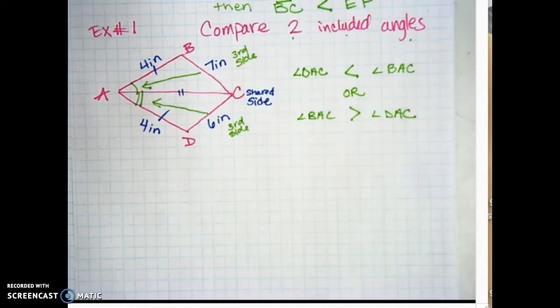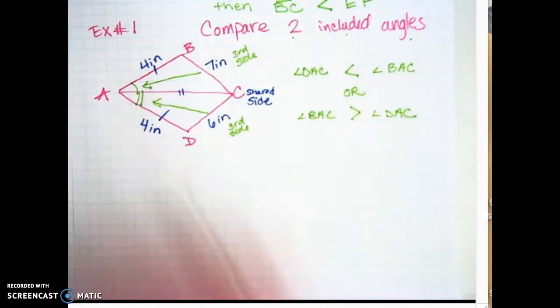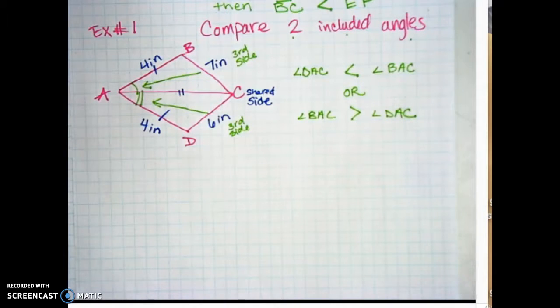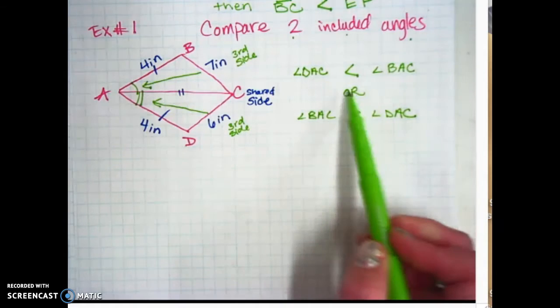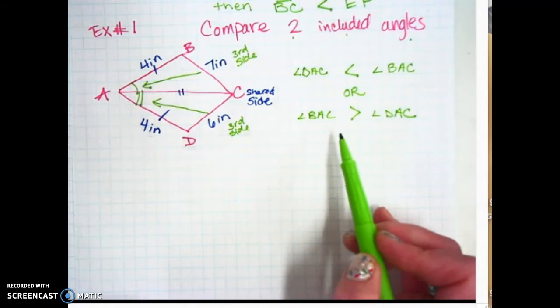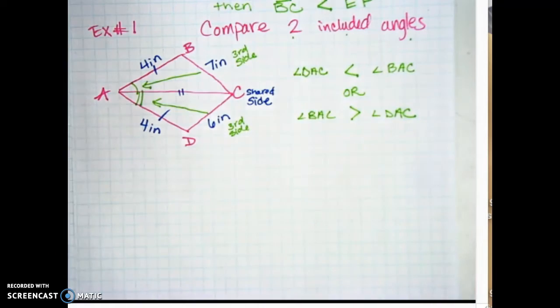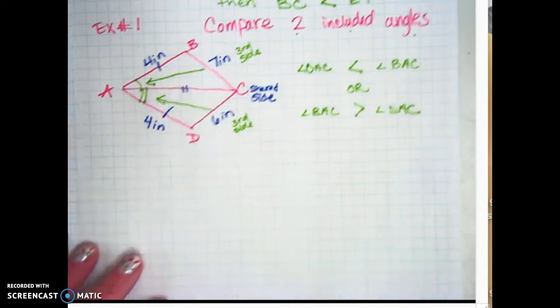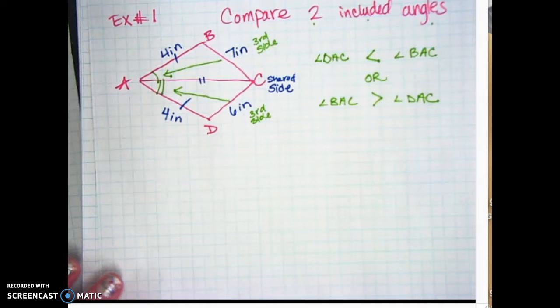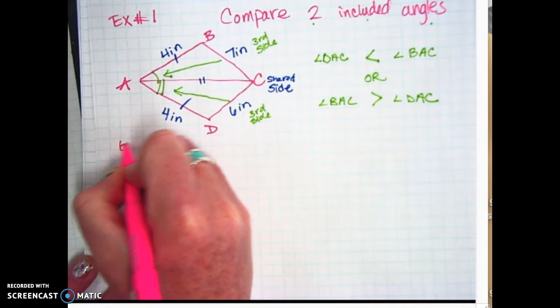Let's pretend it's a multiple choice test. It's only going to have one of those, but you need to be able to recognize which one it is. Are they all with less than, or are they all with greater than? So you need to be able to look at it both ways. Any questions on that? All right, let's look at example number 2.